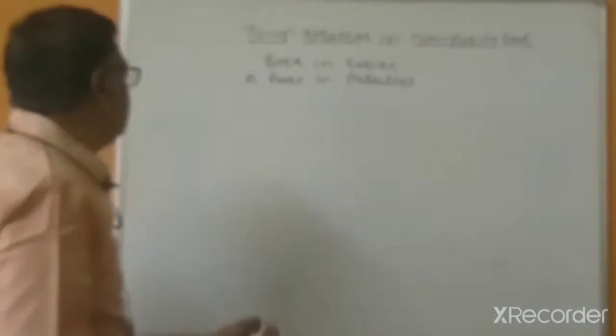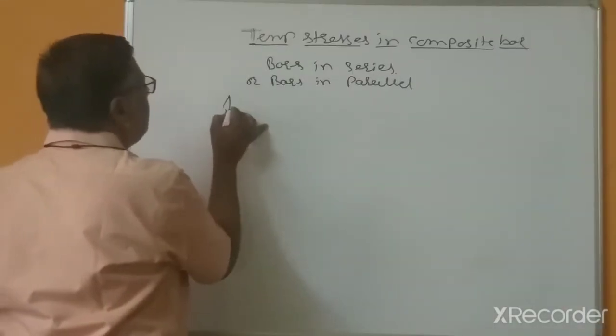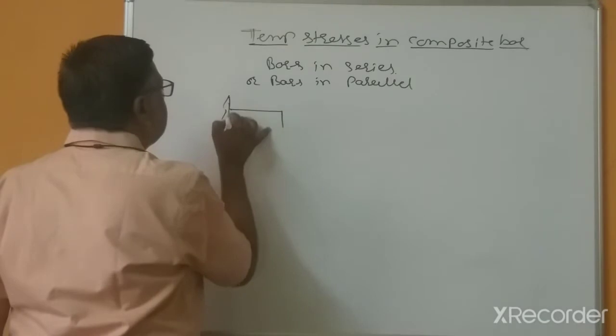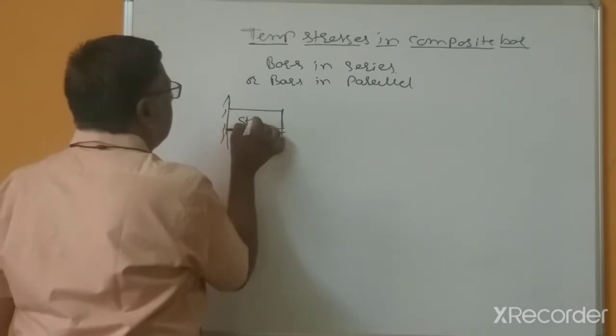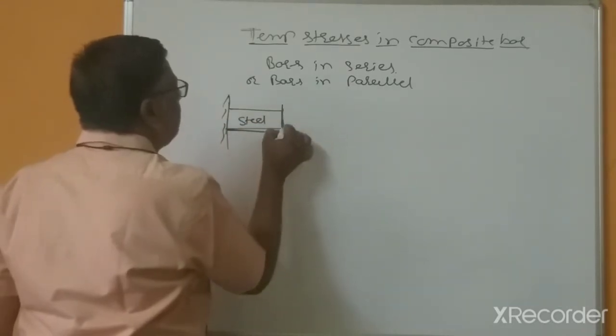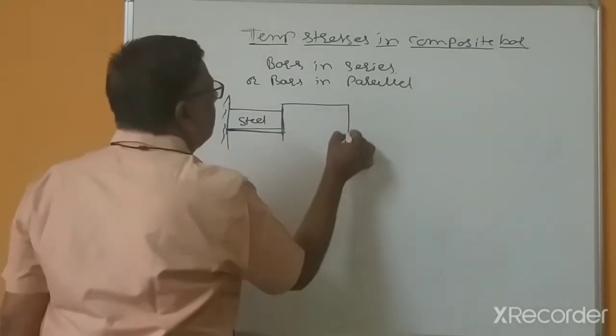Series means what? Suppose one end is fixed and this material is steel and this material is copper.